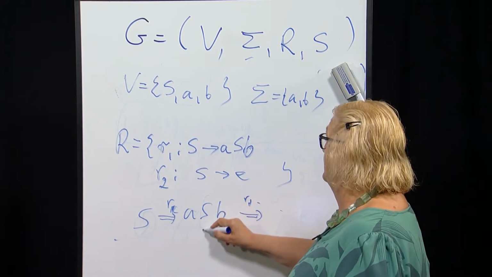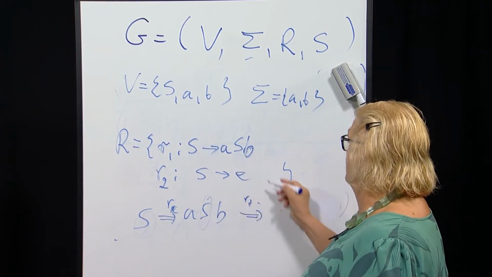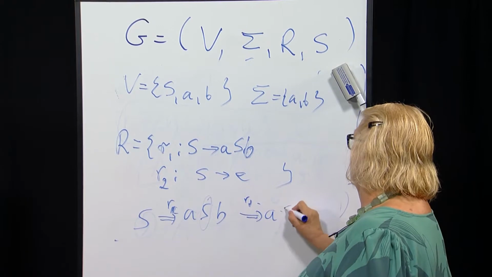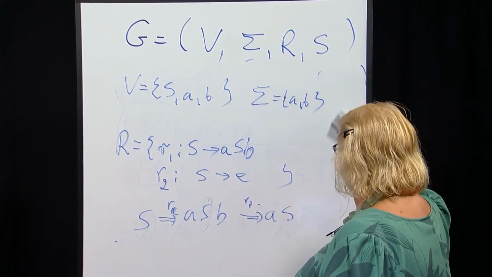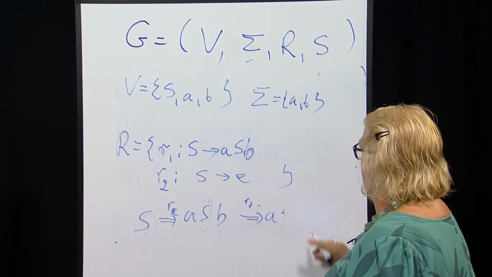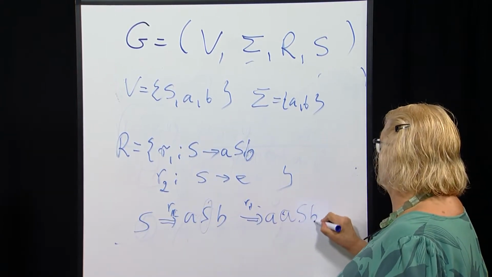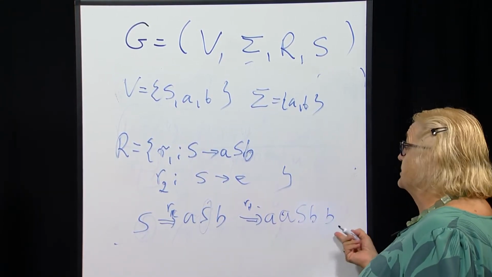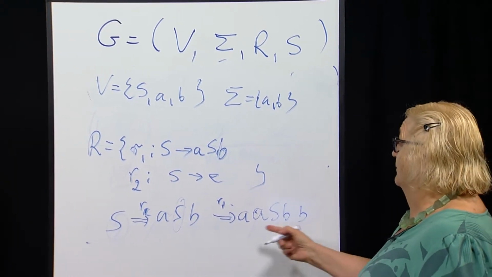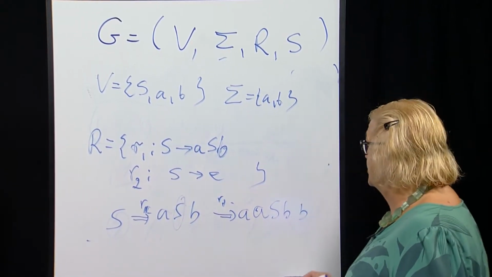So it means you replace S by A, S, B. So you have A, and I replace S by A, S, B, B. So this is a derivation, two steps of a derivation.